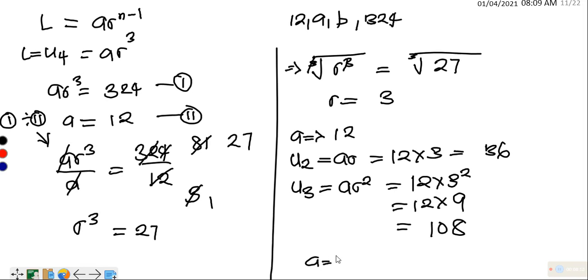So A equals 36 and B equals 108. So the two geometric means that we are inserting are 36 and 108. So that is how to work with geometric mean.